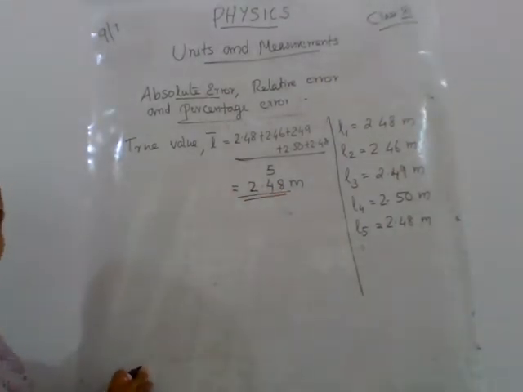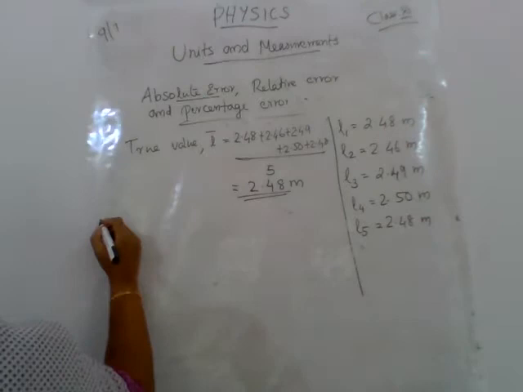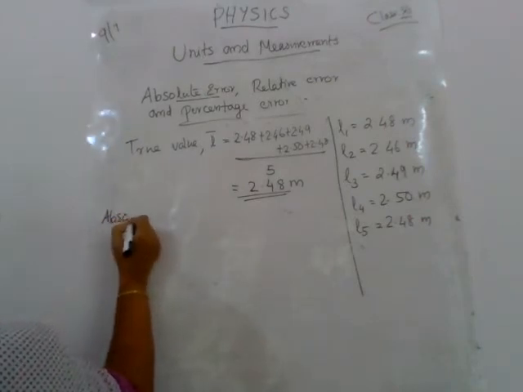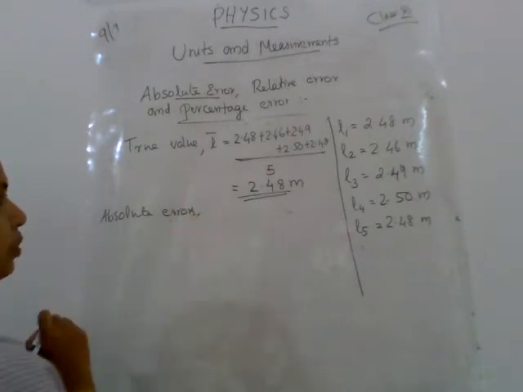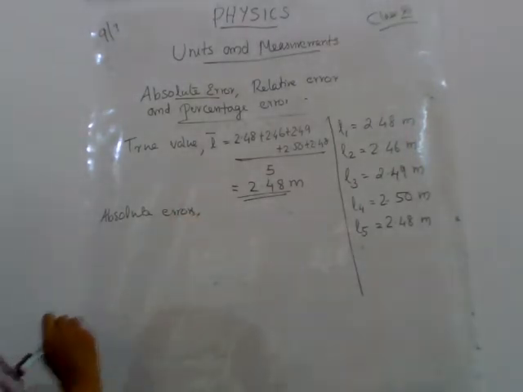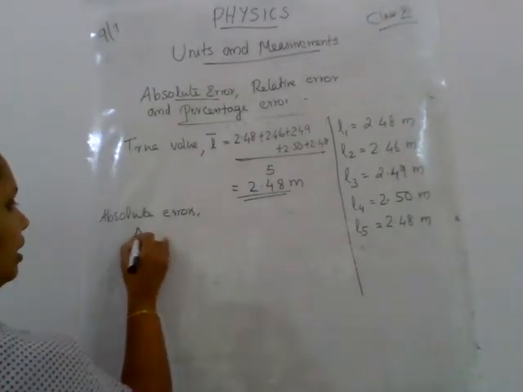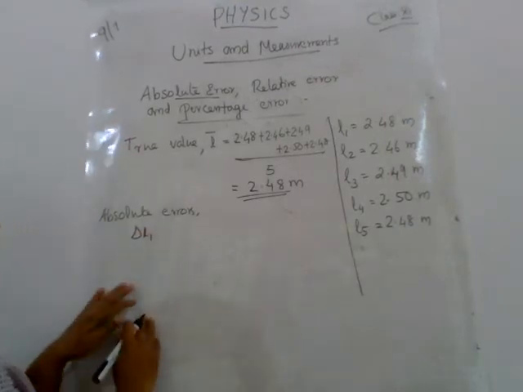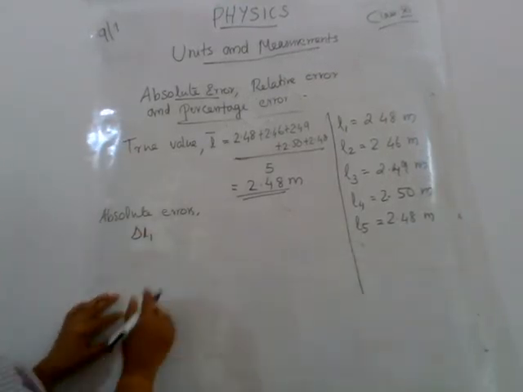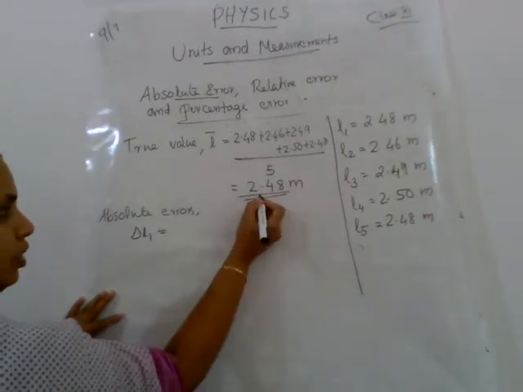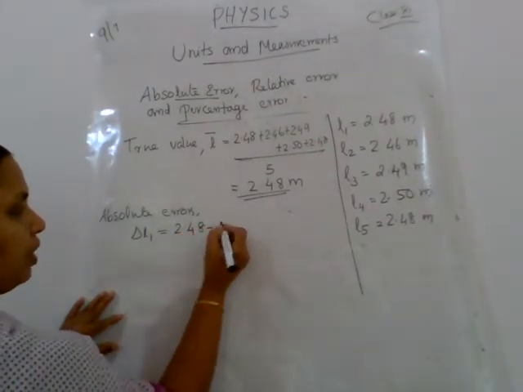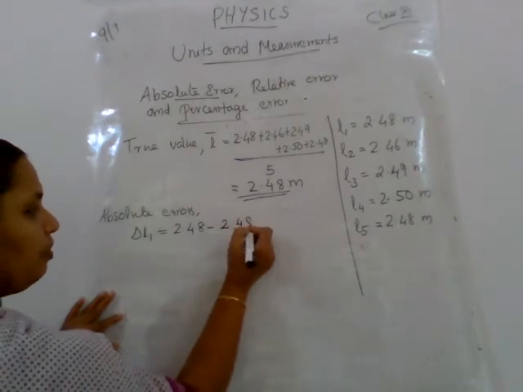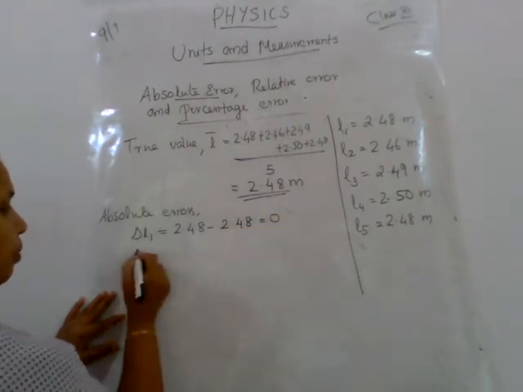Then next we have to find out the absolute errors in each measurement. I am writing it as delta L1. In the first one, what is the absolute error? True value minus measured value: 2.48 minus 2.48, it is 0.